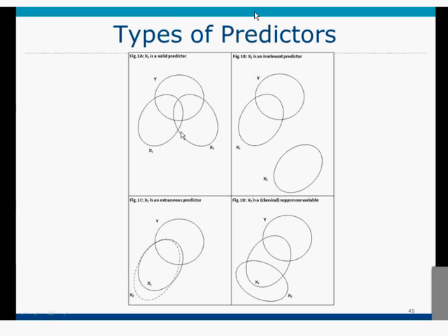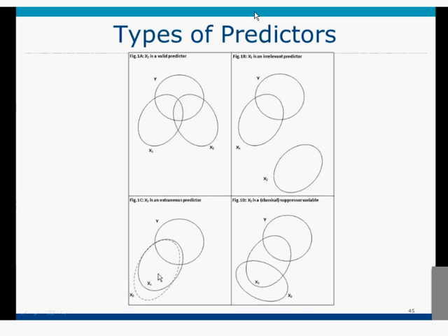They're valid predictors. Here we have x2 instead is an irrelevant predictor, as I showed you before. Here x2 is an extraneous predictor. Extraneous because everything that is useful purpose of x2 is accomplished by x1.